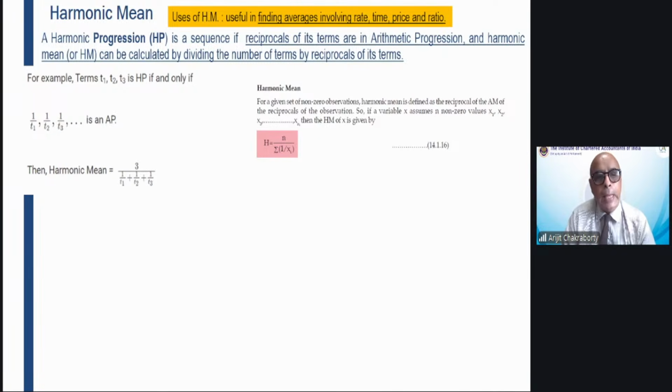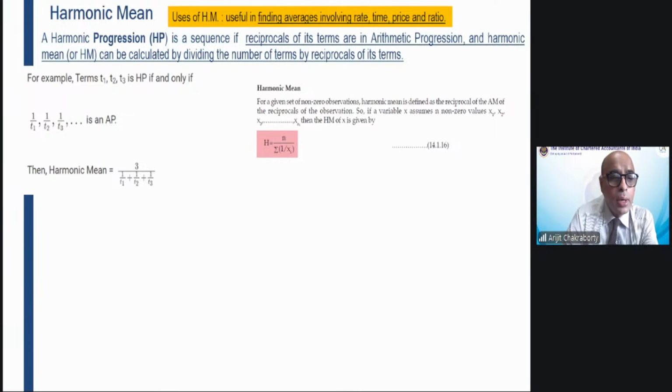That means if there are terms of a series T1, T2, T3, up to Tn, these numbers will be in harmonic progression only when the reciprocals of these numbers, that is 1 by T1, 1 by T2, 1 by T3, are in arithmetic progression, AP. Then only T1, T2, T3 will be in harmonic progression.